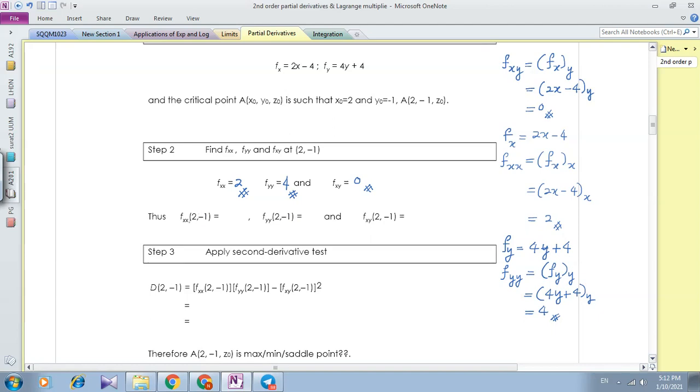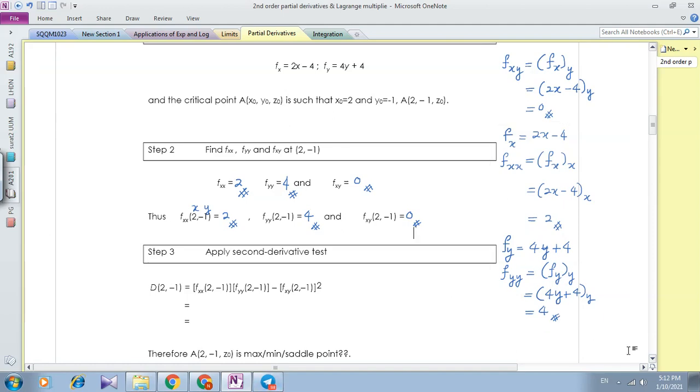Actually, we are trying to insert these two values into the second order partial derivative, but since it's a constant, we can never replace x and y in the constant. So fxx will remain as 2, fyy will remain as 4, and fxy will remain as 0.